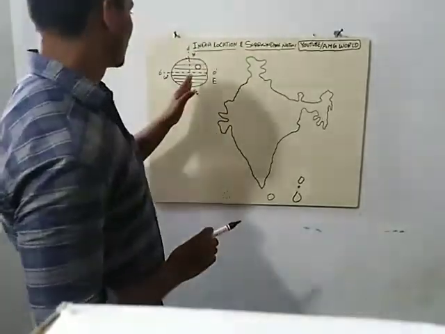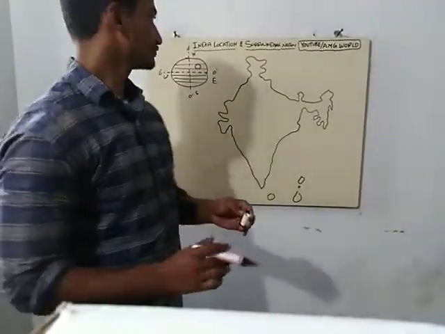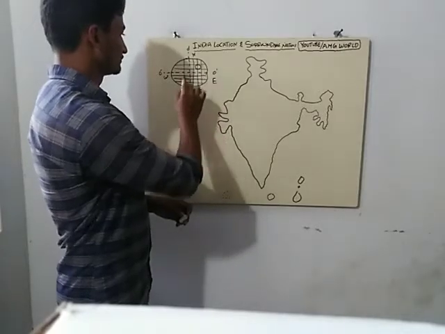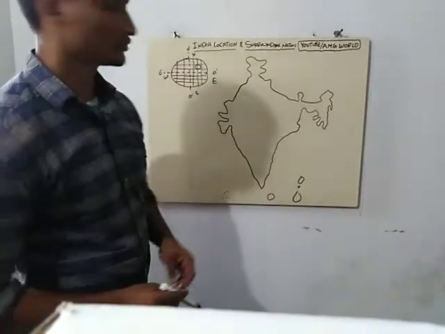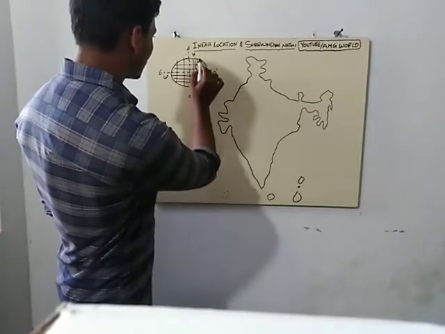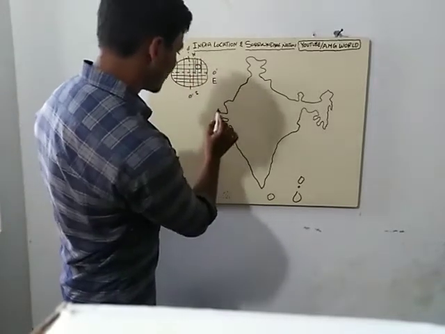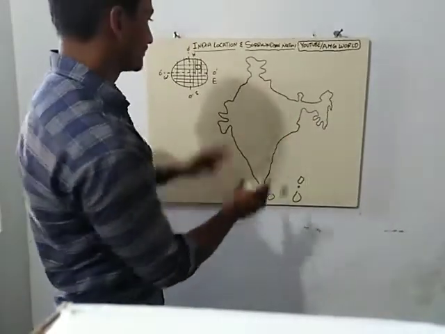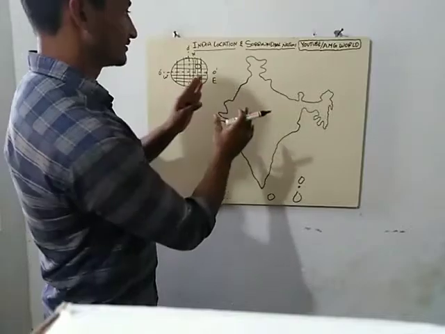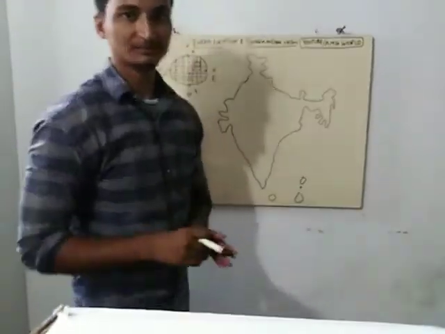And longitudes are lines which are drawn vertically on the globe. By observing which latitudes and longitudes touch the extreme points, we can say that India is present in this particular place.